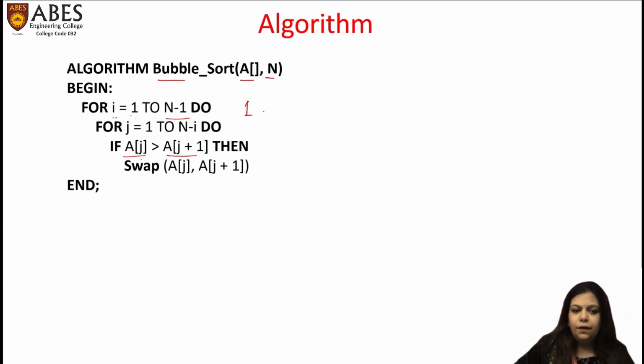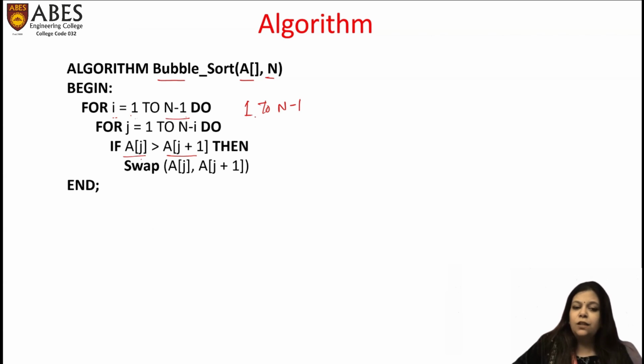That means it should go from 1 to n minus 1. As we are comparing a[j] with a[j+1], we will successfully compare the second last element with the last element.